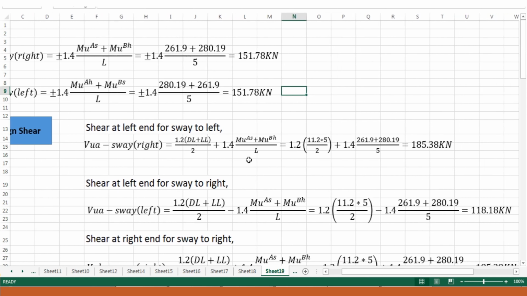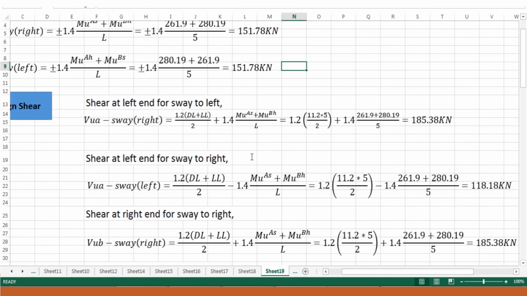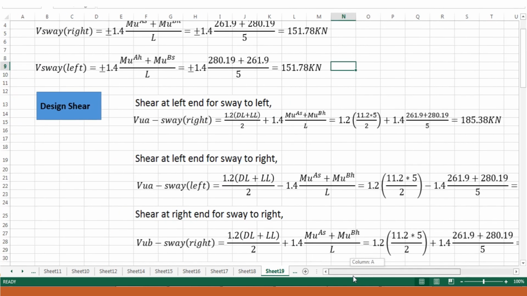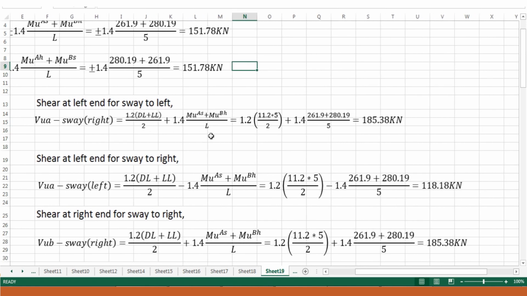Now the shear at the left end for sway towards the right, VuA, is 1.2 (dead load plus live load) divided by 2 plus 1.4 (MuAS plus MuBH) by L. Now for this you need to refer to IS 13920 and you will get this formula for VuA, again in the same section for the beam design for shear.